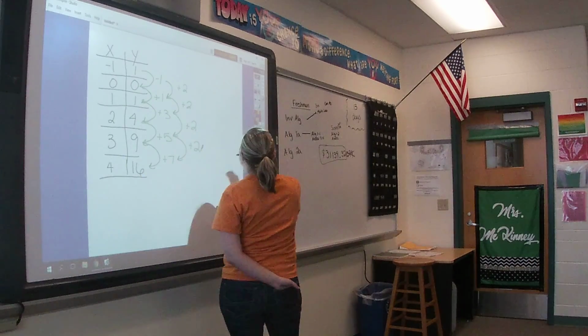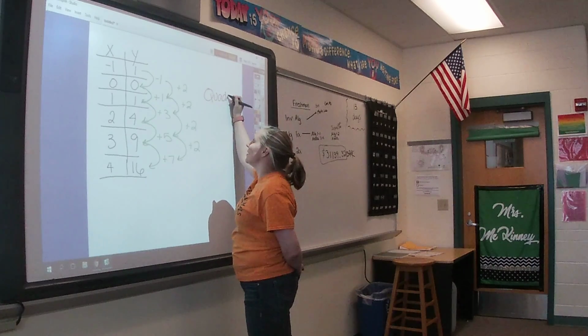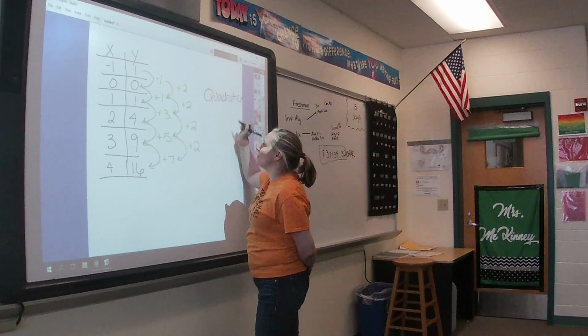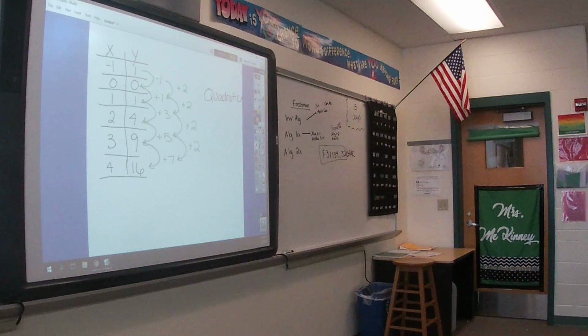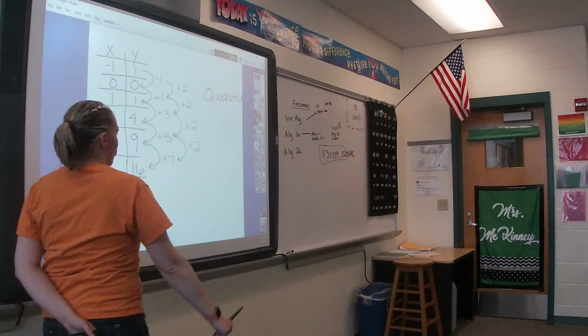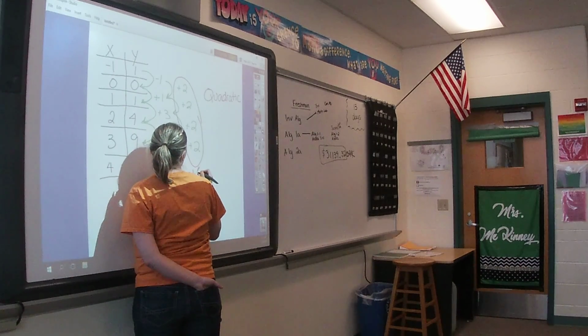If it matches the second time we go out, it's quadratic. Quadratics have a degree of 2, so they match the second time. Cubics have a degree of 3, so they would match the third time. So right here, because they match on the second check, it's quadratic.